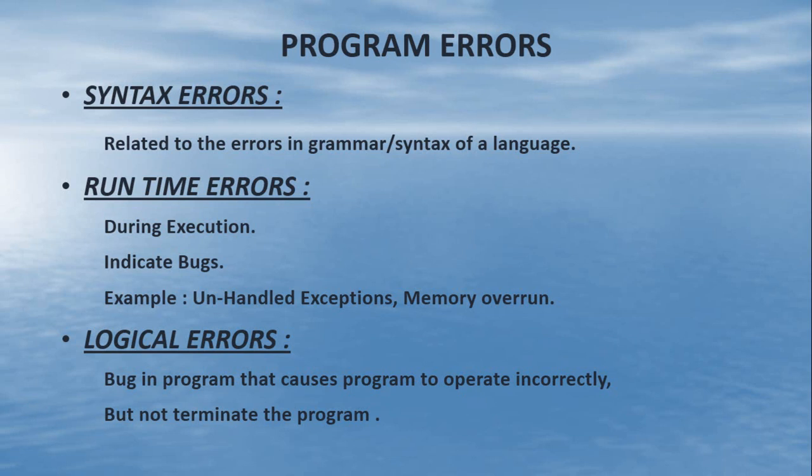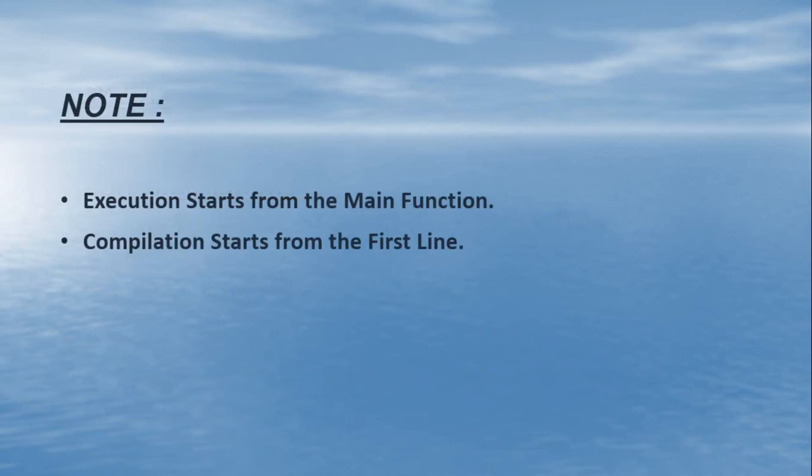Third, the logical errors: a bug in the program that causes it to operate incorrectly but not terminate. Note: execution starts from the main function and the compilation starts from the first line. Remember this.